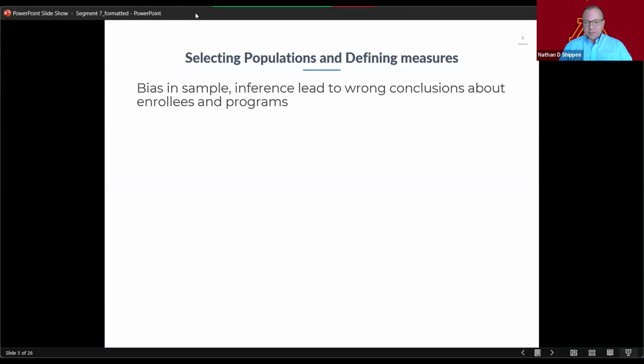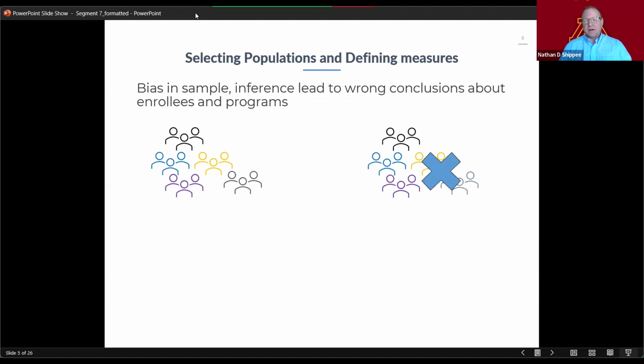So by no means exhaustive, but at least, again, a lot of the things that we see to highlight your attention. We can get bias in the sample or bias in our estimates and inference if we're looking at ways that we change from our underlying population that's available in the data to our analytic sample.